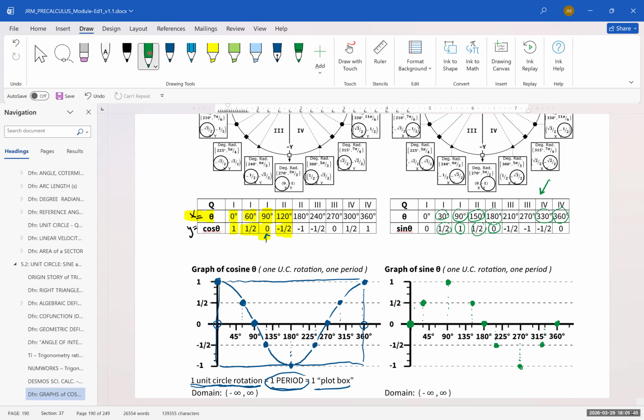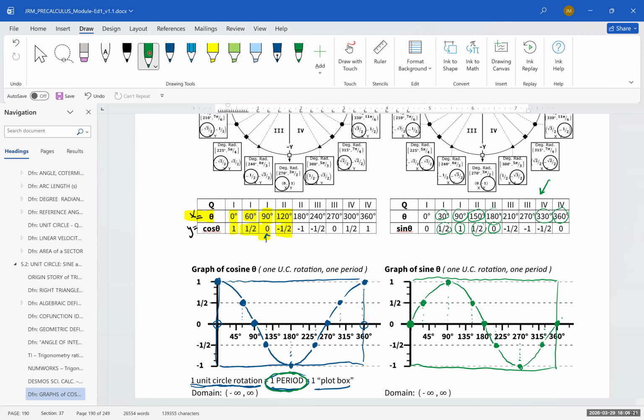So we've done one period of a sine function, and you can see this is what it looks like, just like that. We can draw a plot box around it here. Okay, and this plot box represents one unit circle rotation or one period of this trig function.